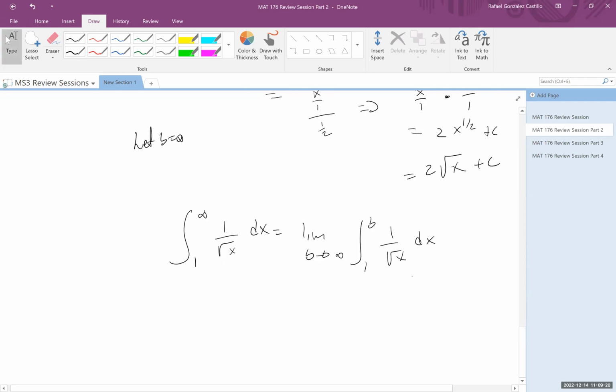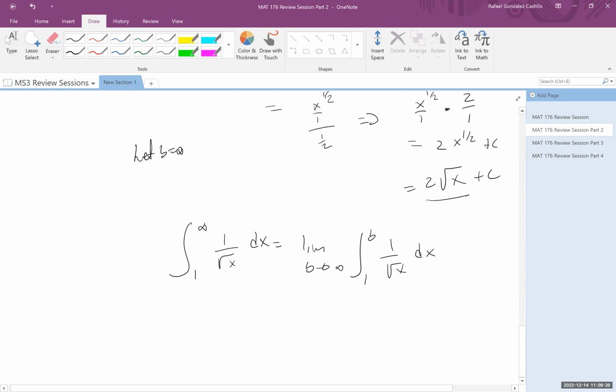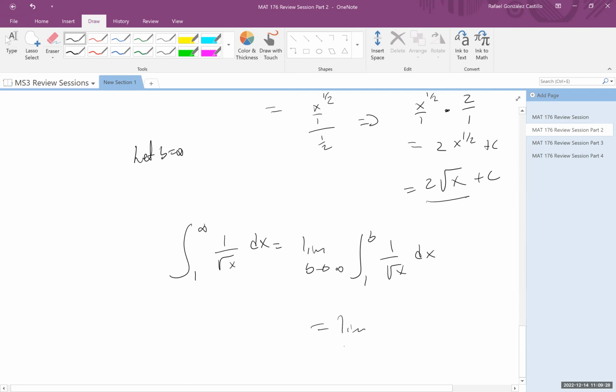We already computed what this integral is. That's why we did that work before. We know that it's going to be 2 times radical x. So this becomes the limit as b goes to infinity of 2 times radical x, and we're evaluating this from 1 to b, because it's a definite integral now. So we don't need the plus c.